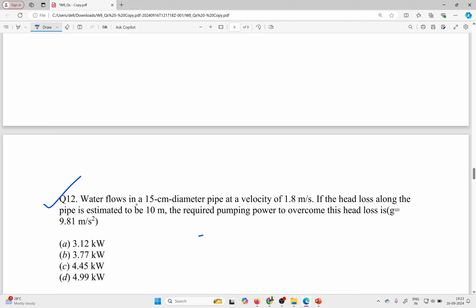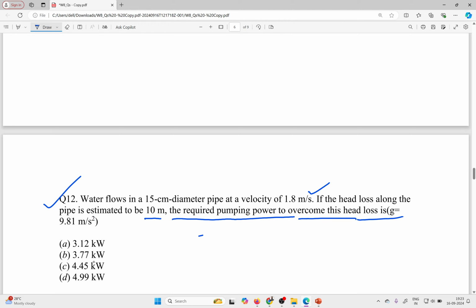Water flows in a 15 centimeter diameter pipe at a velocity of 1.8 meter per second. If the head loss along the pipe is estimated to be 10 meter, the required pumping power to overcome this head loss is what?